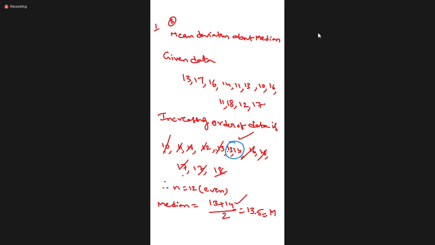Right. I can continue. So finally, what we have to do is, continuation I am doing. Mean deviation about median is sigma mod xi minus M divided by n, i is equal to 1 to how many observations are there? 12.